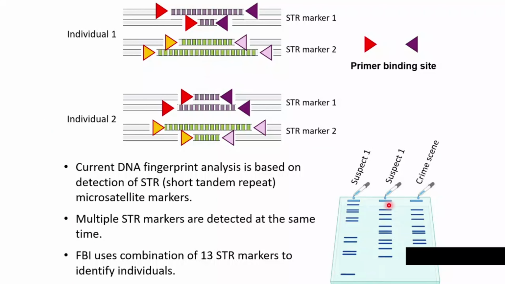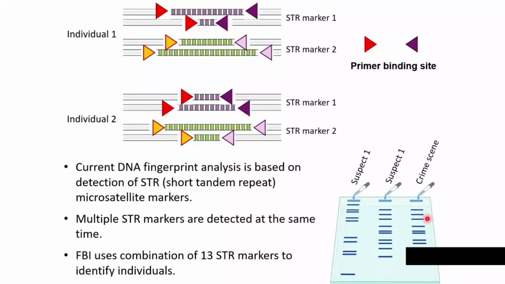First of all, they'll get the suspects, and those suspects will have different banding patterns, different numbers of these short tandem repeats. For example, this one has 5 and this one has 3 here. Then when you run the PCR reaction using these primers and run them through the gel, you'll end up with different banding patterns, right?